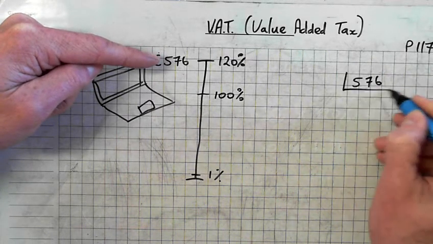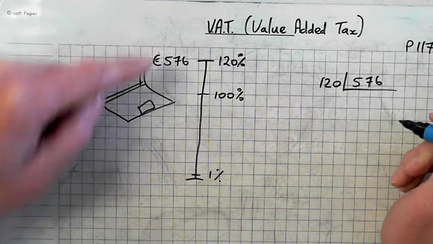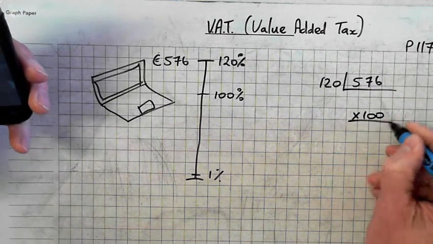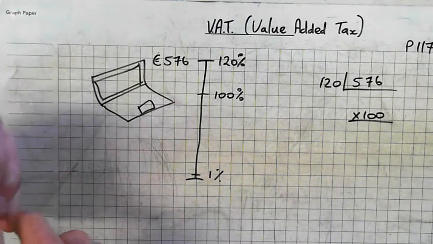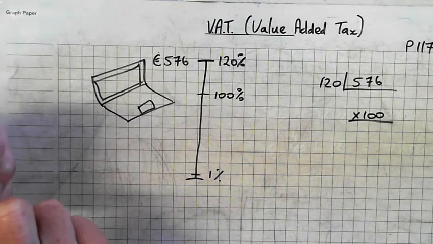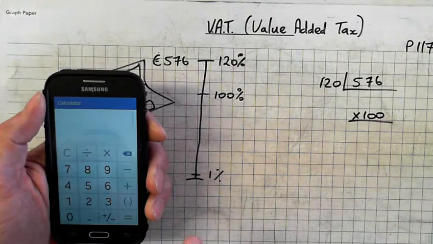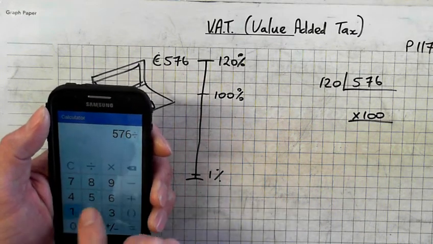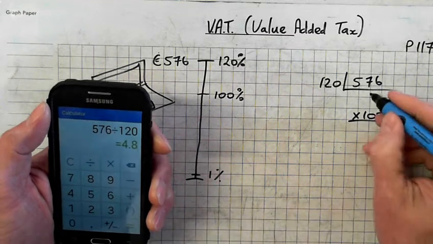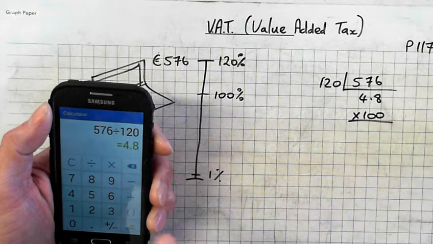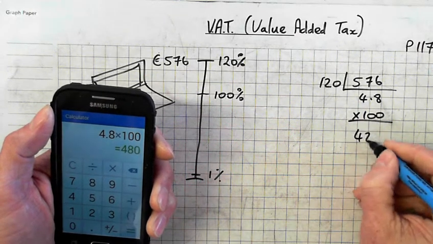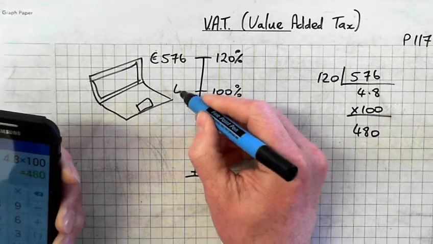Divide by 120. And then to get 100% we will multiply by 100. Alright, so it's 576 divided by 120 is 4.8 and then multiply by 100. So 100% is 480.